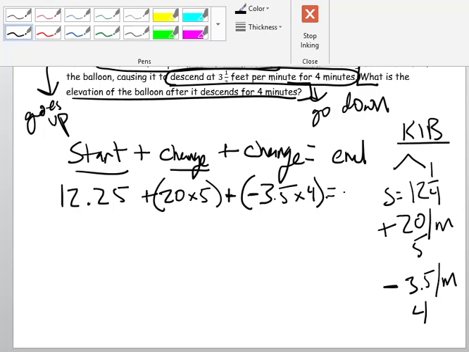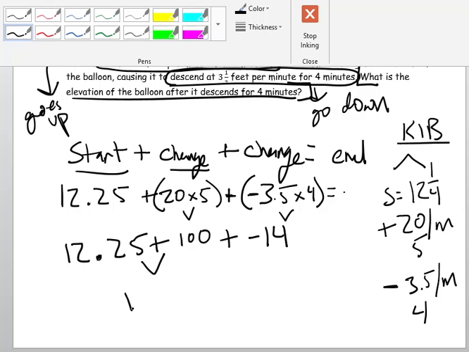Okay, so when I do 20 times 5, I get 100. And when I do negative 3.5 times 4, I'm going to get negative 14. So I have 12.25 plus 100 plus negative 14. That's going to give me 112.25 plus negative 14, which is basically saying minus 14.